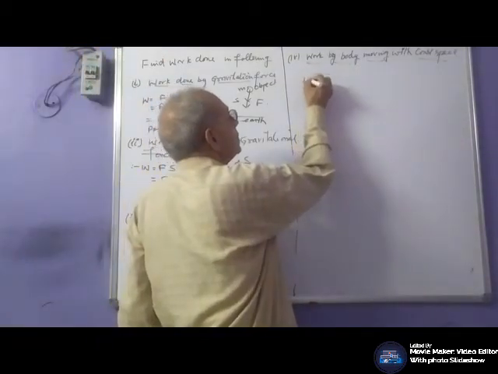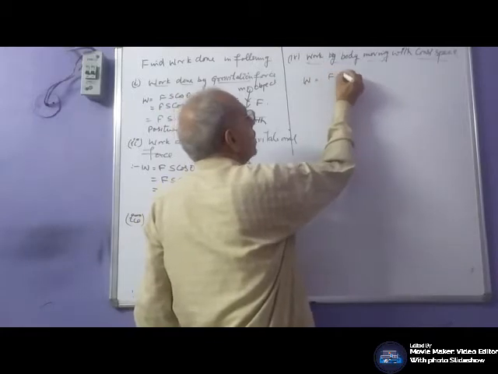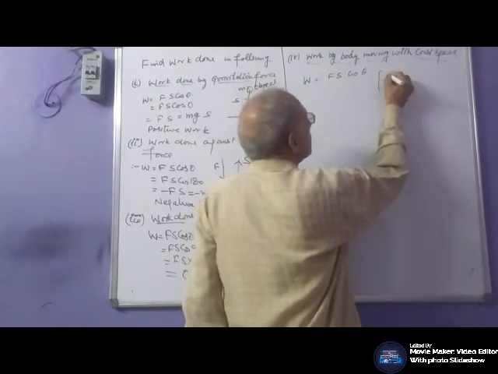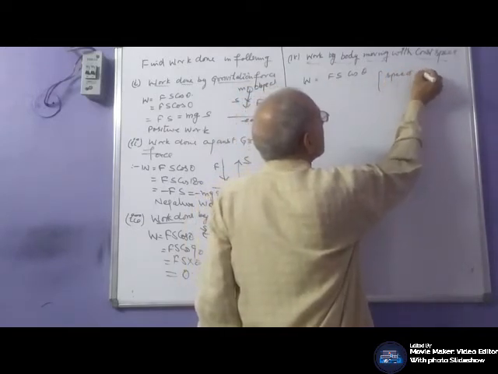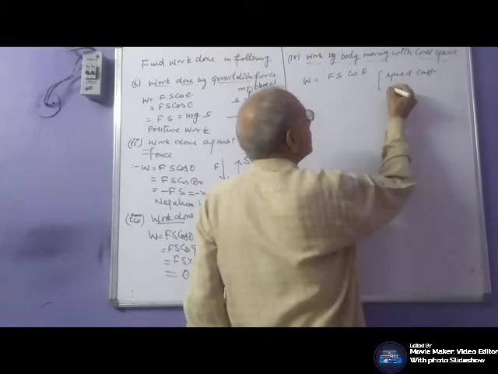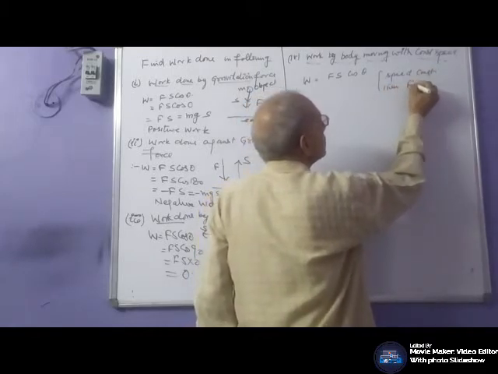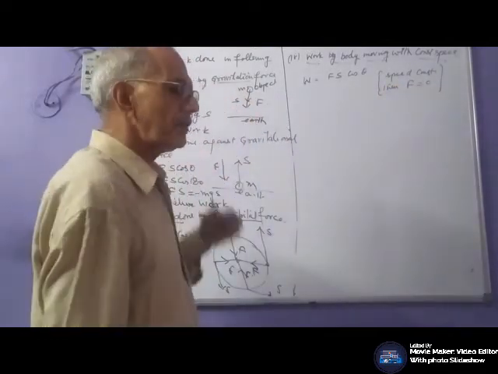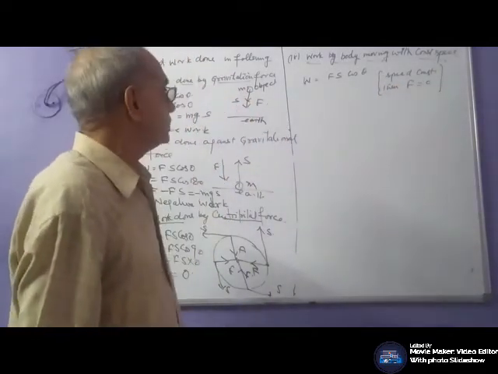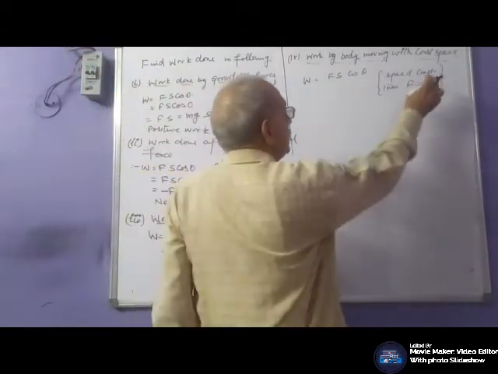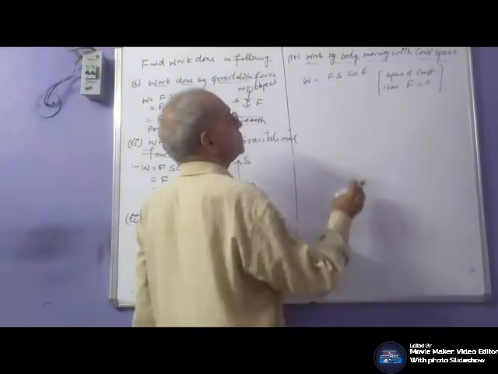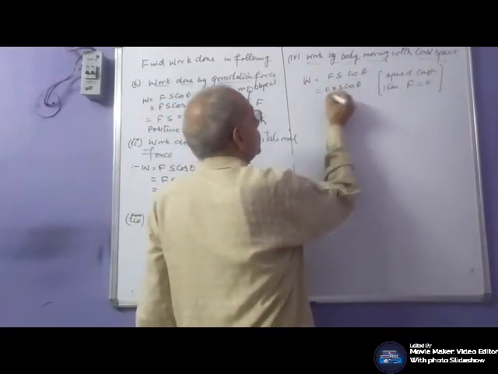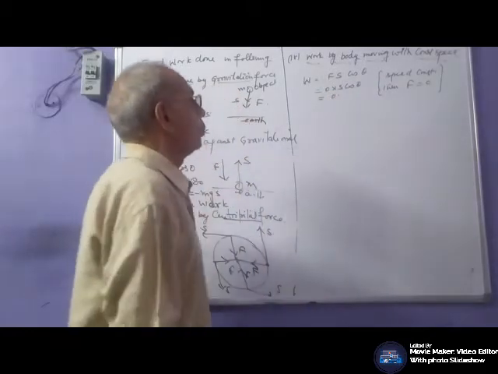Again work done is Fs cos theta. If speed is constant, then force is 0. Why? No acceleration. F equals ma, no acceleration. If speed is constant, there is no acceleration, force is 0. The work done is 0.